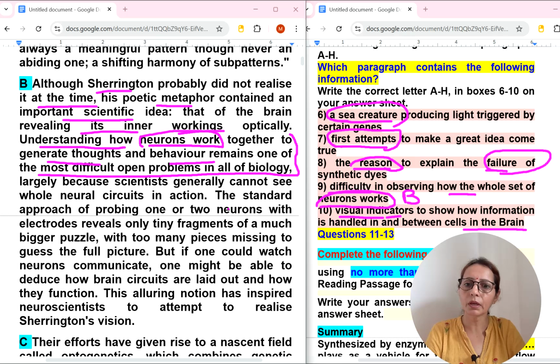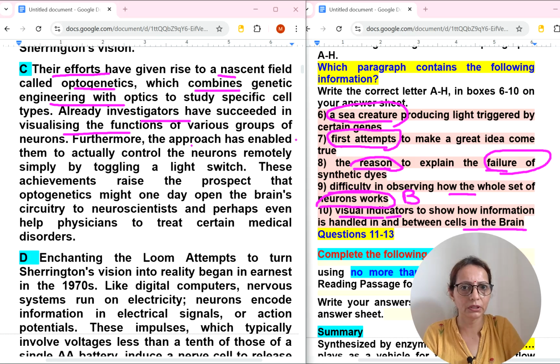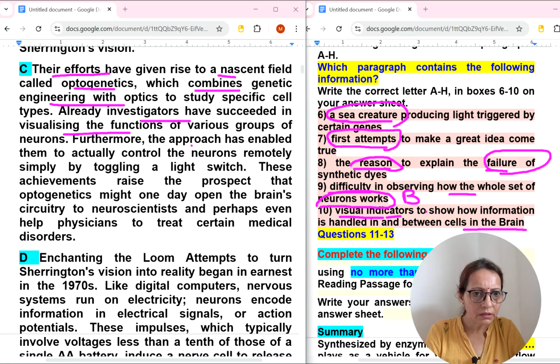B. Now let's move to C number paragraph. What C is saying, their efforts have given rise to a nascent field called optogenetics, which combines genetic engineering. Already investigators have succeeded in visualizing the function. Visual indicators, 10th is saying, to show how information is handled in and between cells in the brain.